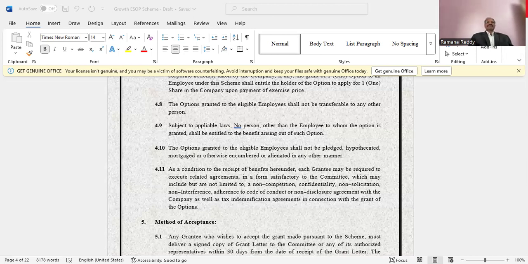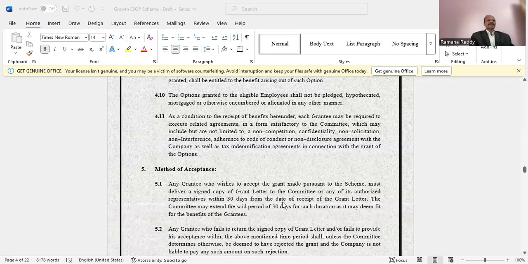So at the time of grant, these are the documents. This is not mandatory, but at the discretion of the committee. This has to be executed by the grantee, that is the employee.